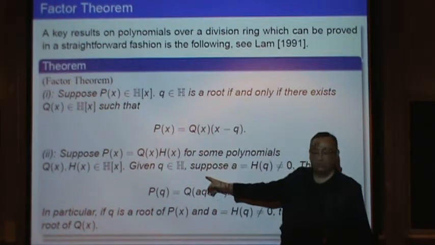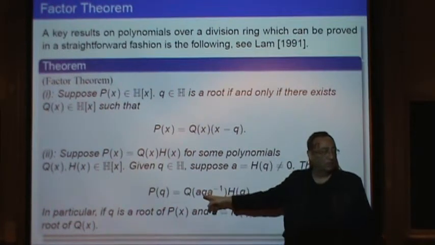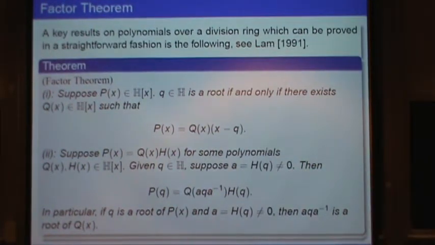We have to do this business. Okay, so in particular, if q is a root of p of x and h of q is not 0, then a q a inverse is a root of p of x.